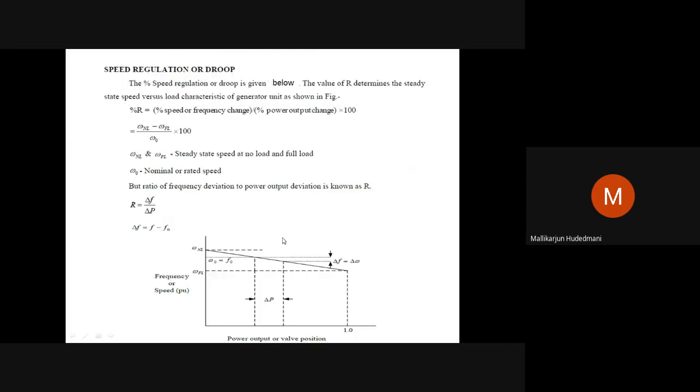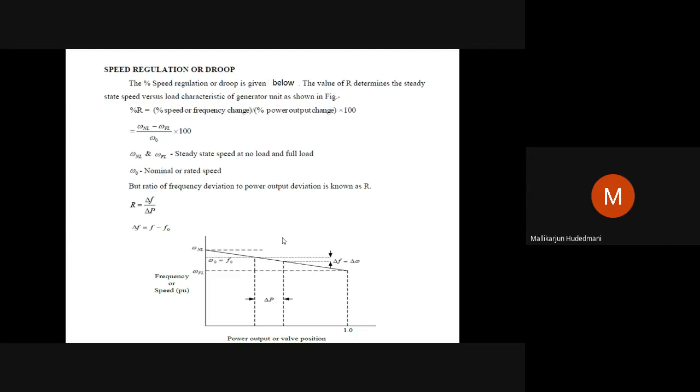Another representation is speed regulation by droop. So we have begun our interaction. What is the percentage speed regulation or droop, which is given below. The value of R determines the steady state speed versus load characteristics of a generator as shown in the diagram. It means percentage regulation we defined as the change in speed from no load to full load relative to the nominal or base speed, times 100.